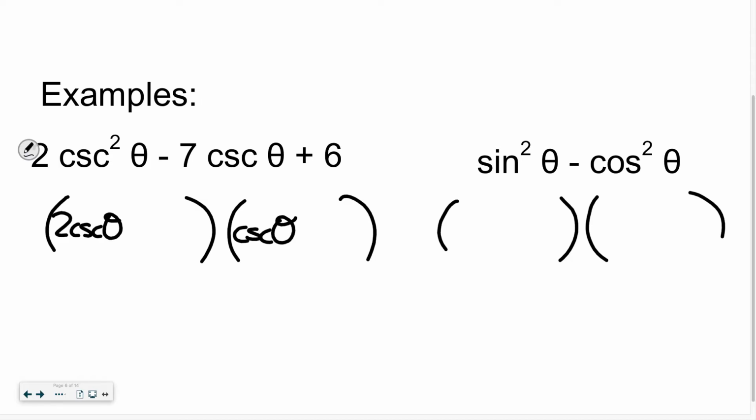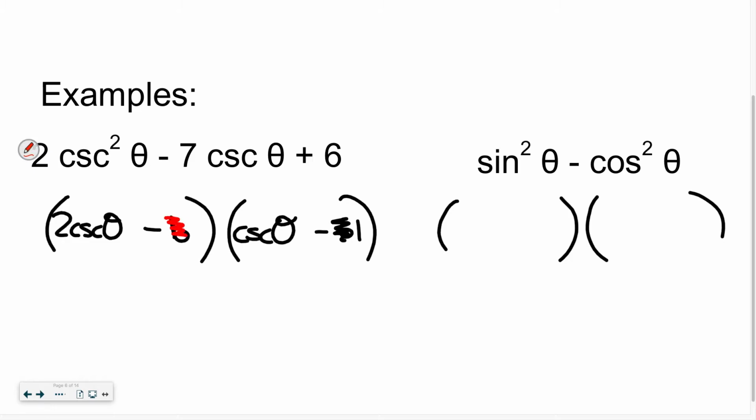-1 and -6. Does it matter where I put them? -1, -6. So I'll get -12 and -1. -6, -1. So I'll get -2 and -6. That's 8, right? -2 and -3.